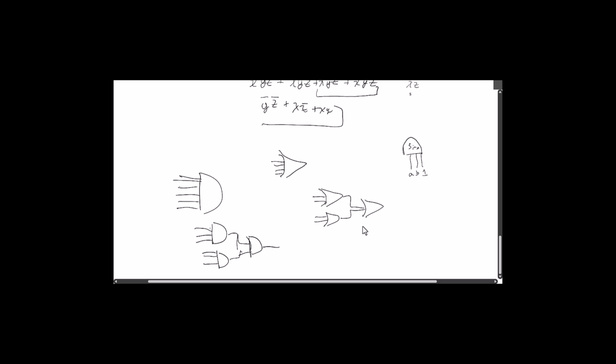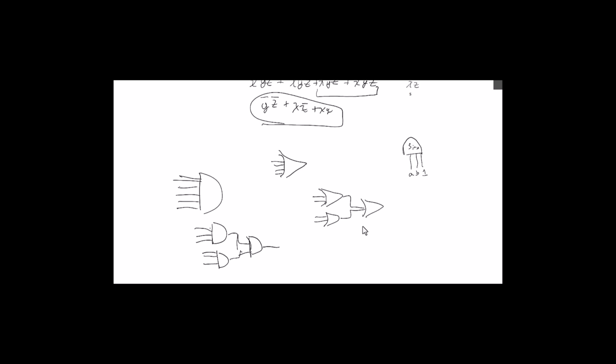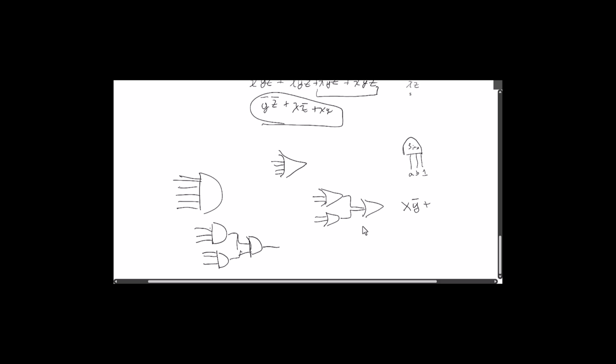The circuit that I came up with, there's nothing too weird with it. But always be on the lookout for things like XY bar or X bar Y. That's the same as an exclusive OR.